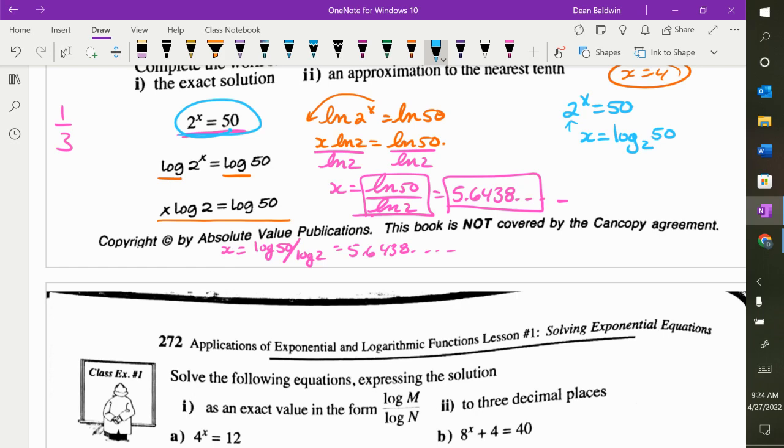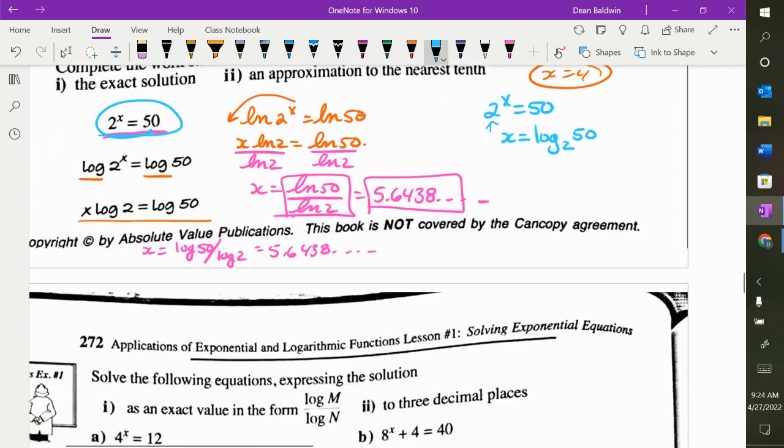That is right. But unless you have a calculator that does any base, you need to change that using the change of base rule to enter it in your calculator. So if you were going to enter it in your calculator, I can pick any base I want. So I'll pick base 10.